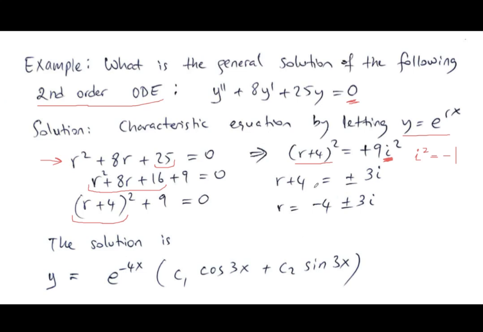So r plus 4 equals to plus or minus 3 times the complex number i, and we can obtain the roots of the characteristic equation. And that gives us the solution. So notice that the real part here goes to the exponential, and then the complex coefficient here goes to our cosine and sine terms. So that gives us the solution for the ODE.